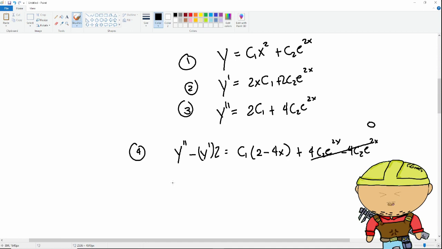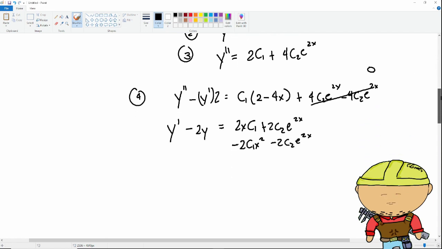For our third equation, I think we're gonna use y prime minus 2y. For y prime we got 2x c1 plus 2 c2 e to the 2x, and for y it is negative 2 c1 x squared minus 2 c2 e to the 2x.